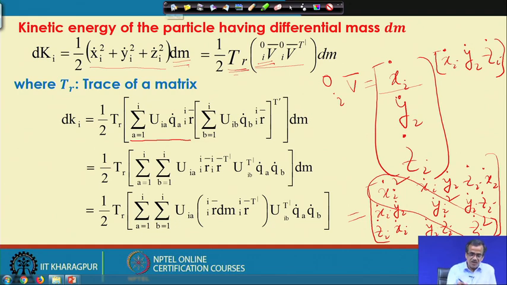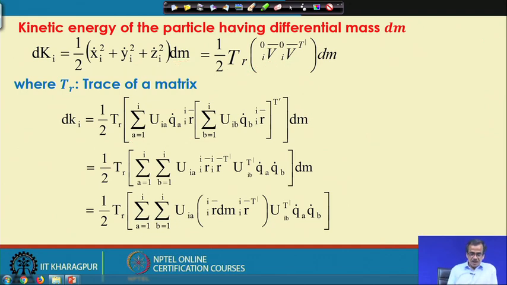Now, here one thing I just want to mention. Here I have taken the summation a equals 1 to i, and here b equals 1 to i, and I have done this very purposefully. For example, if it is a rotary joint, in place of q_a dot I am going to write theta_a dot, and in place of q_b dot I am going to write q_b dot.